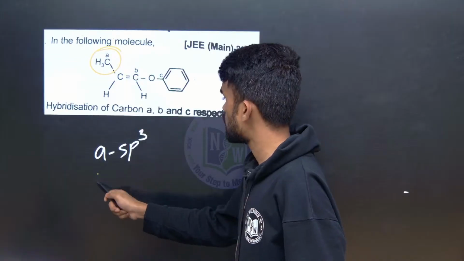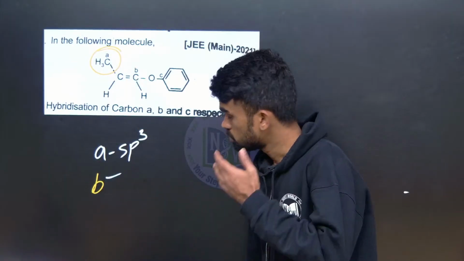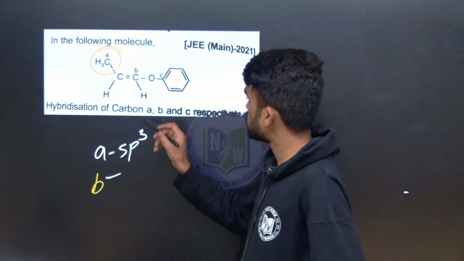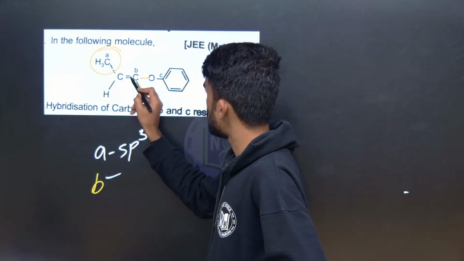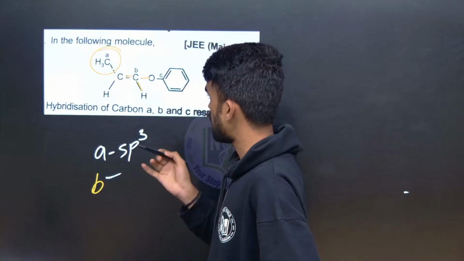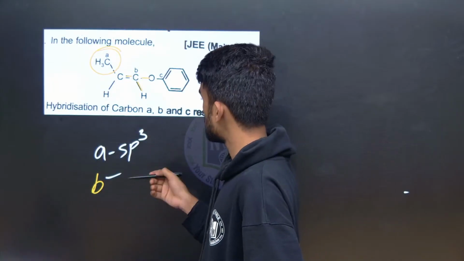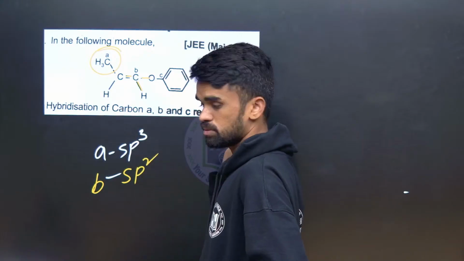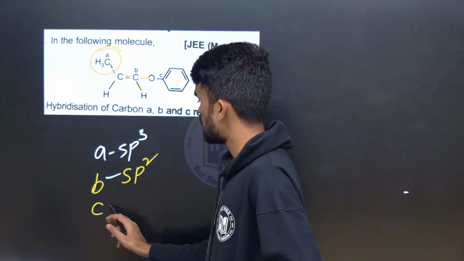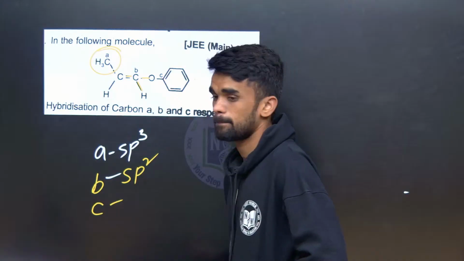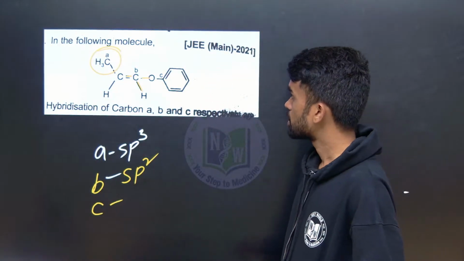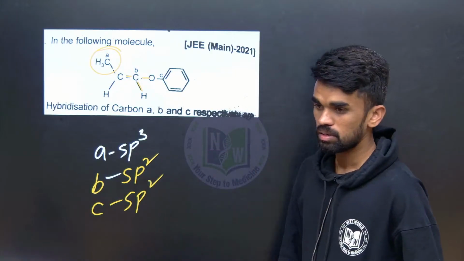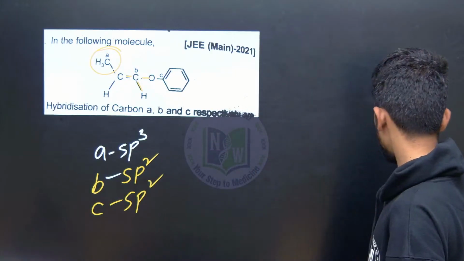Next, B carbon. sp2. Why sp2? First sigma, second sigma and third sigma, and one pi. Pi we don't consider, only sigma. Three sigmas means one is S and remaining two are P, so sp2. Next C carbon, sp2 only, it also has three sigmas and one pi.